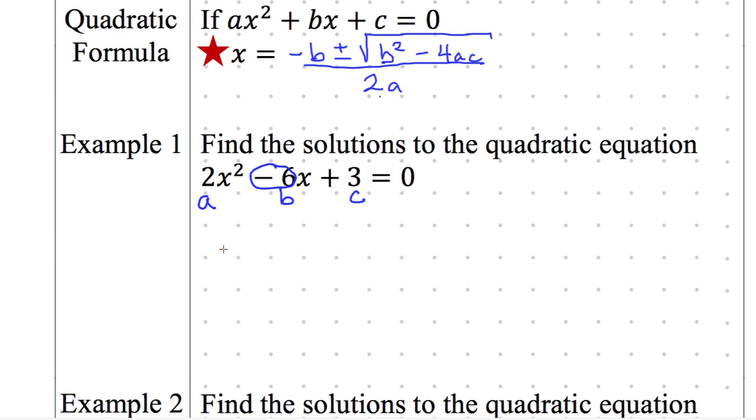Yeah, so it's a double negative, so it's a +6. Plus or minus, yep, there's two answers here. So square root of, and then 36. You're good so far?